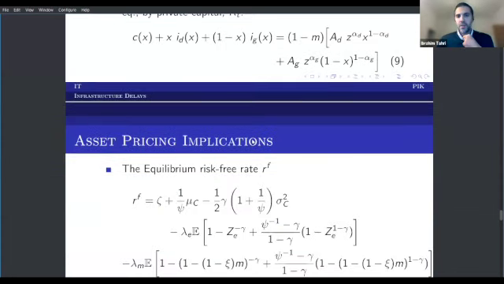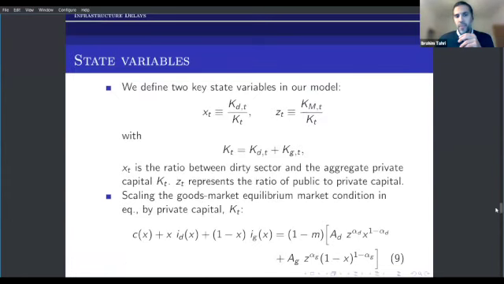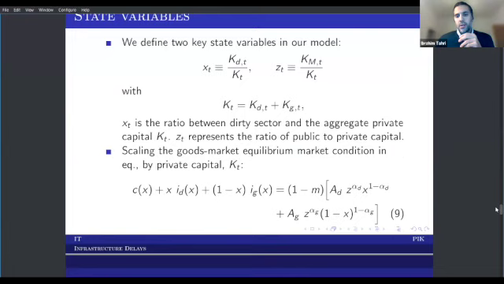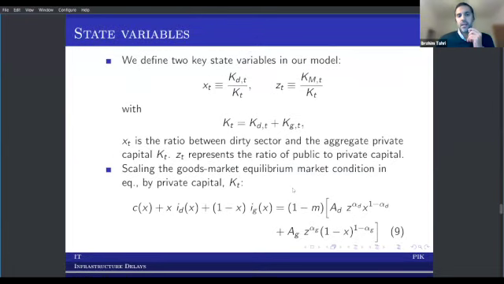So this is basically a quick illustration of the model in hand. Of course, it's an optimal control model in continuous time under uncertainty, and you can solve the model using dynamic programming.